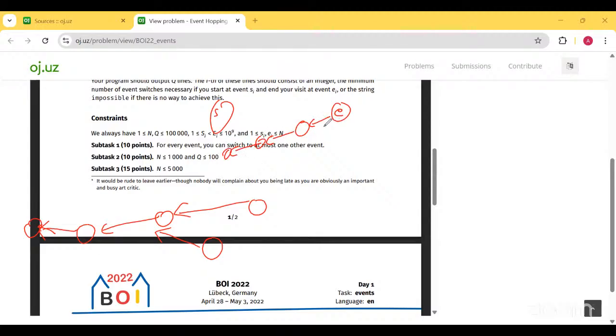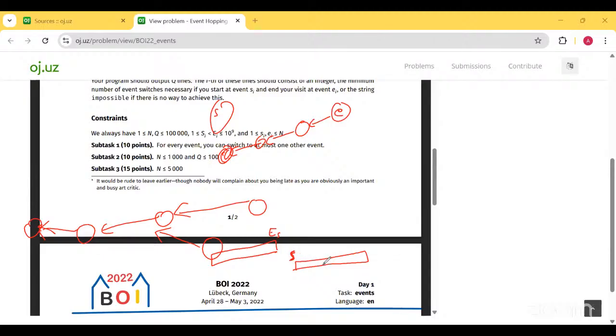To its ancestor, as long as the S of the ancestor is still greater than ES, like this.